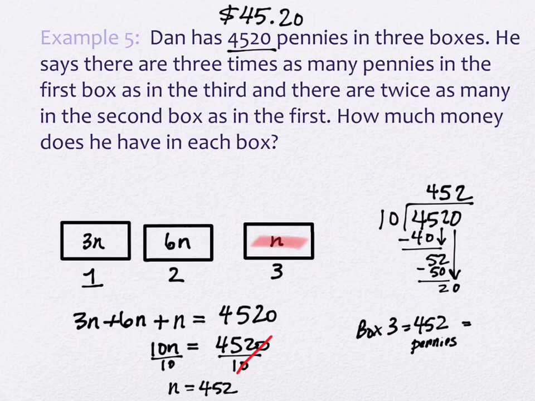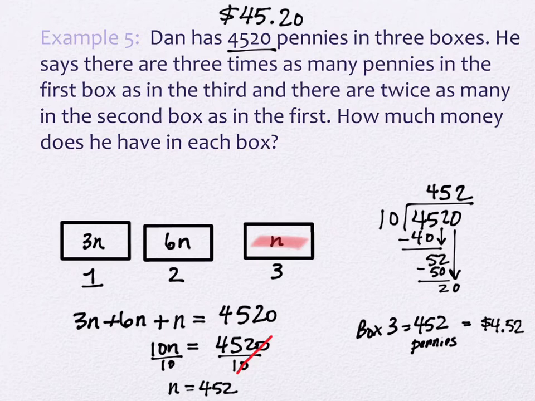How much money? And you could leave it there, I suppose. It's not technically wrong, but it's a little awkward for exactly the reason I think that Elizabeth said, let's put it in dollars to begin with, right? We don't usually keep 452 pennies in our car. At least I don't, I'll tell you that. So you probably want to change it into $4.52 to make it a reasonable amount. Either would be right, but that's probably just a little bit more reasonable.